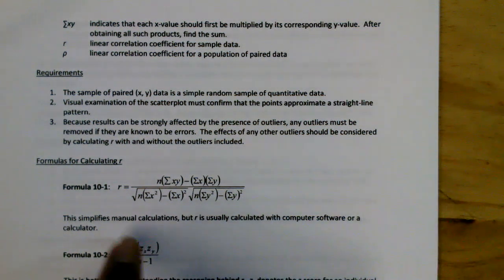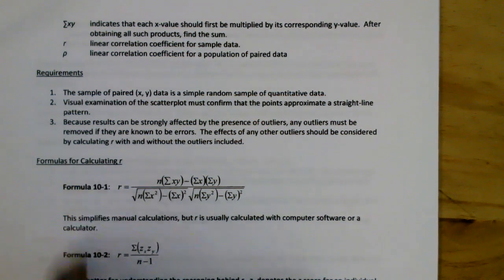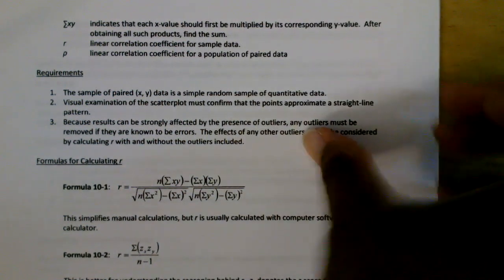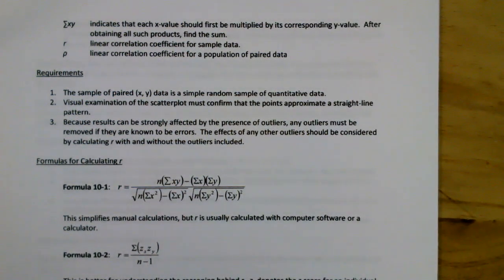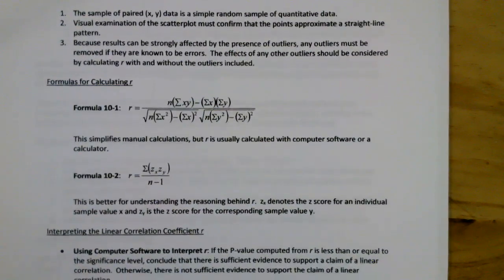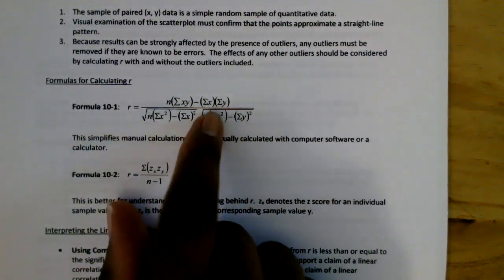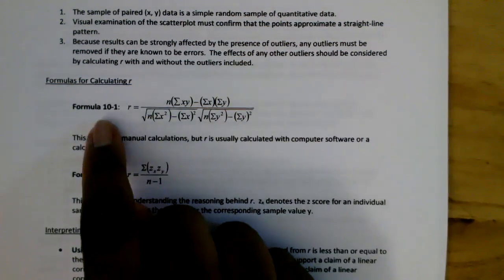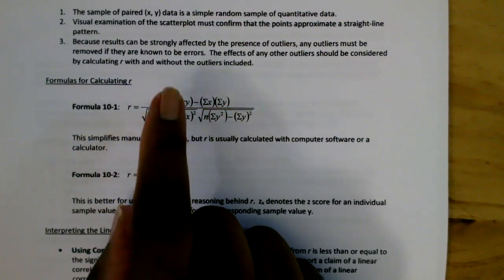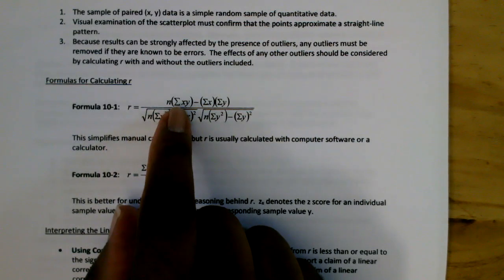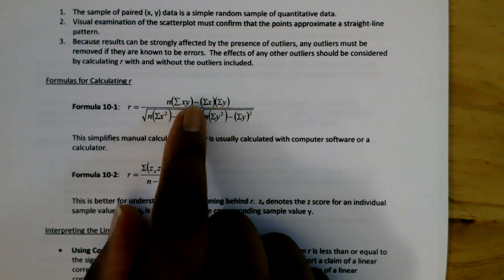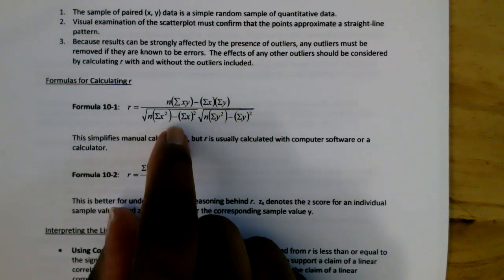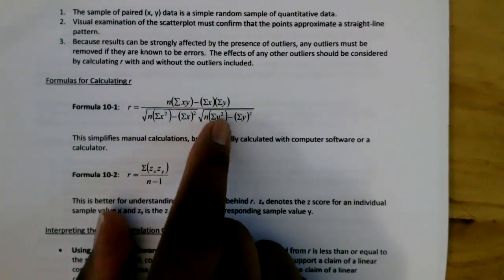Okay. Now, here are a couple of formulas for calculating r. I just introduced these because more than likely we're not going to be using that formula. By looking at it, it might seem a little bit complicated. Formula 10-1 says r is equal to n times the sum of x times y minus the sum of x times the sum of y, all divided by, and in the denominator, you have 2 square roots.